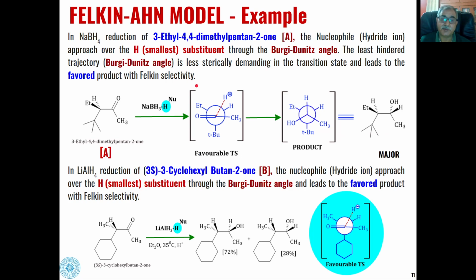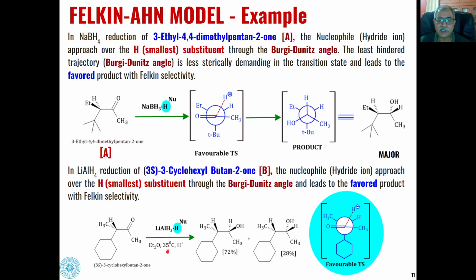Similarly, in the case of lithium aluminum hydride reduction of 3S-3-cyclohexyl butan-2-one, here we have replaced this tertiary butyl group by a cyclohexyl group, which is an even bigger group than the tertiary butyl group.